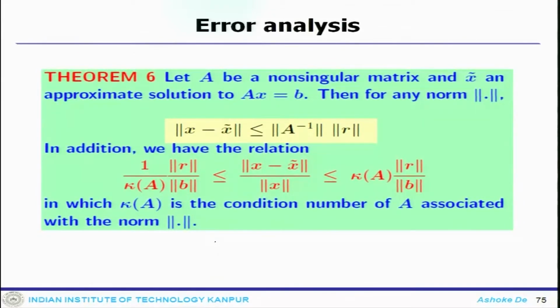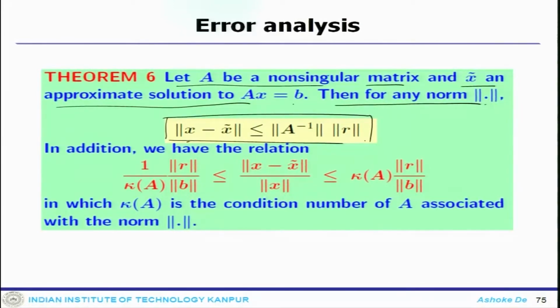So, that takes you to theorem number 6, which is: let A be a non-singular matrix and x prime an approximate solution to Ax equals b. Then for any norm, the norm of x minus x prime is less than or equal to norm of A inverse and the norm of R, where R is the residual vector.